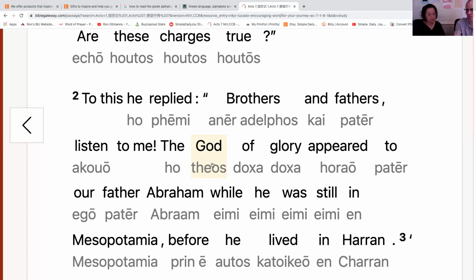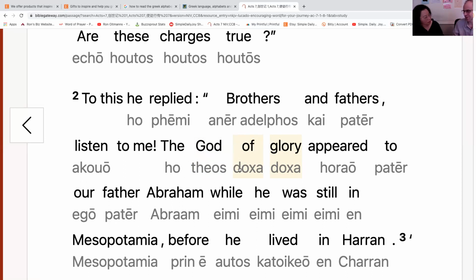So doxa is the Greek word for glory. If you've been in a church more than one Sunday, you've probably sung a doxology.